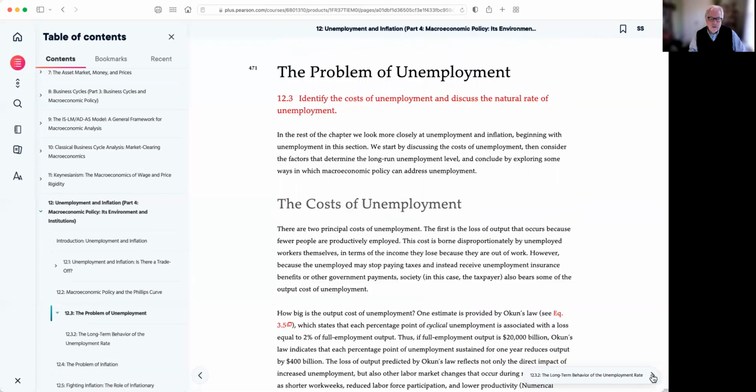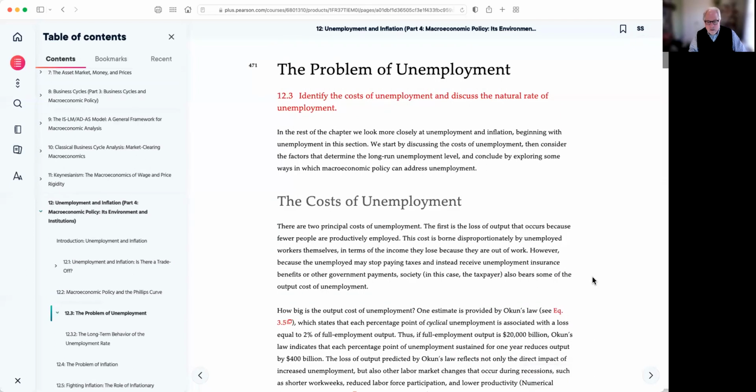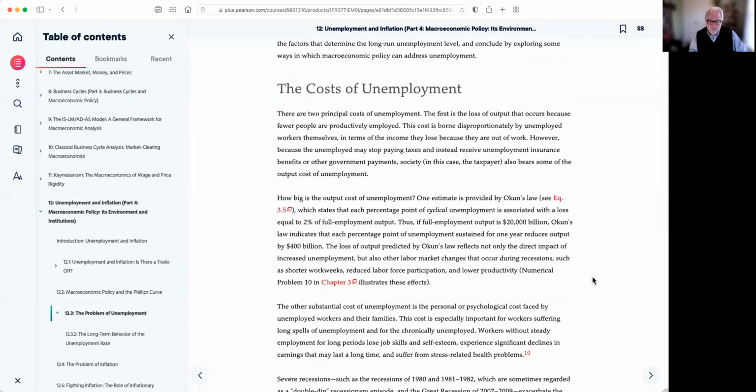When we get to section 3, we're talking about, well, why do we care about unemployment in the first place? Well, because there are some costs of unemployment, and when the economy moves away from full employment, the natural rate of unemployment, then people lose their jobs, and so there's lost output.